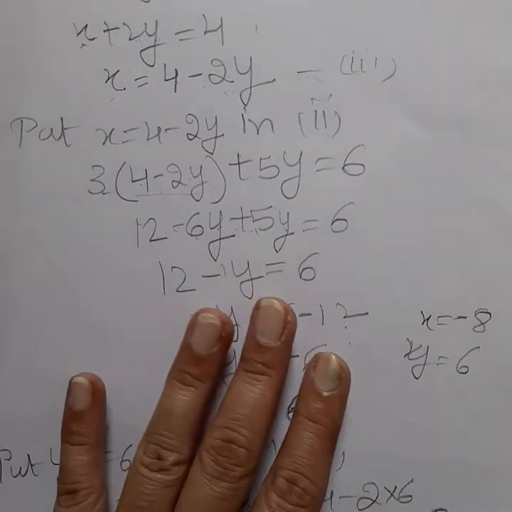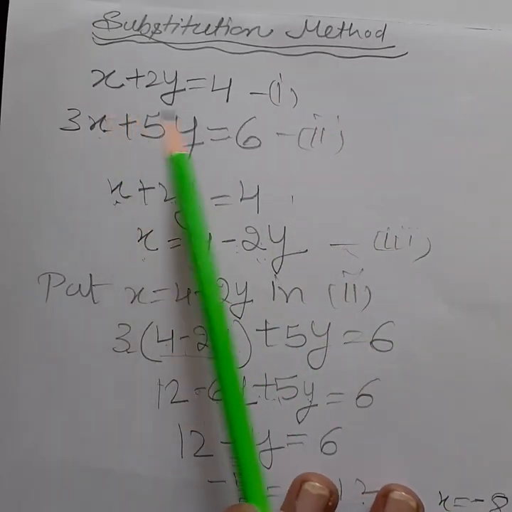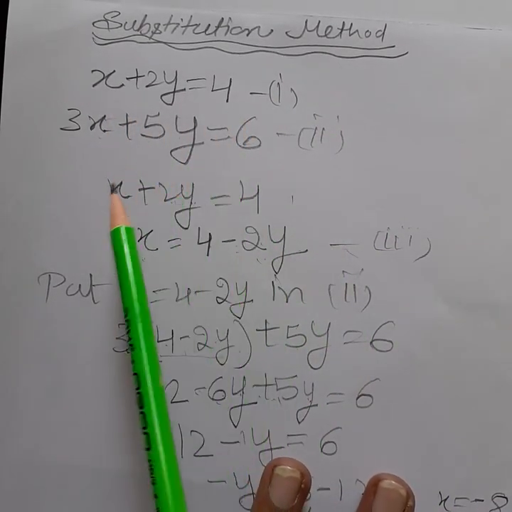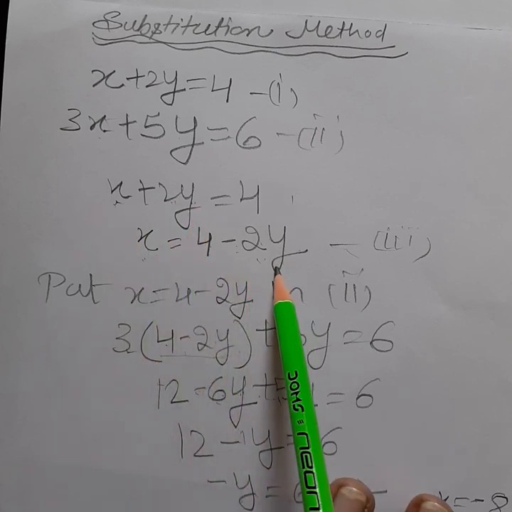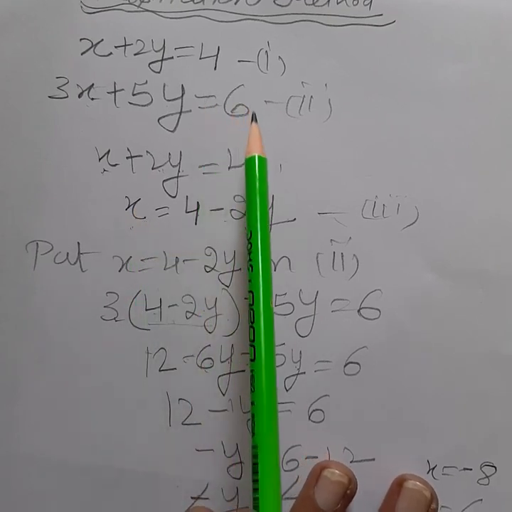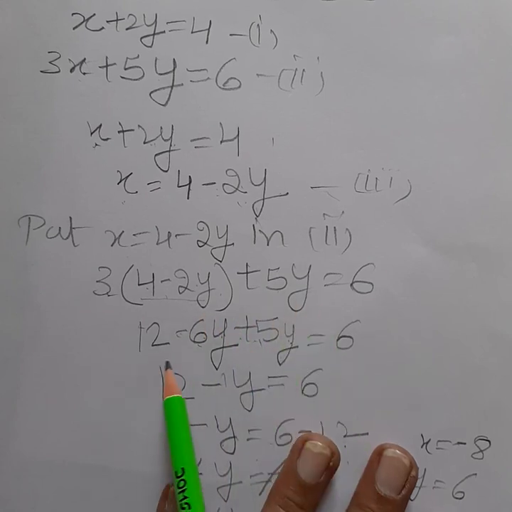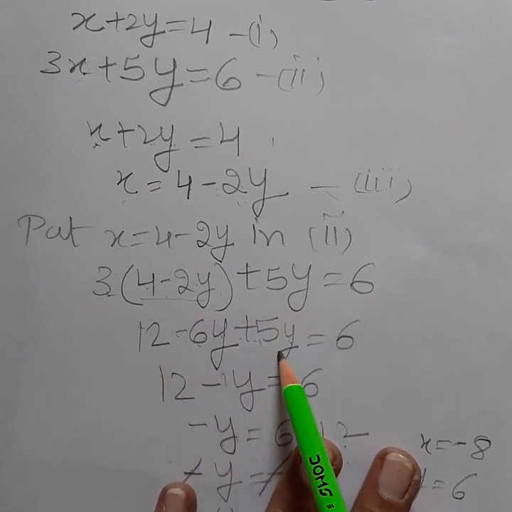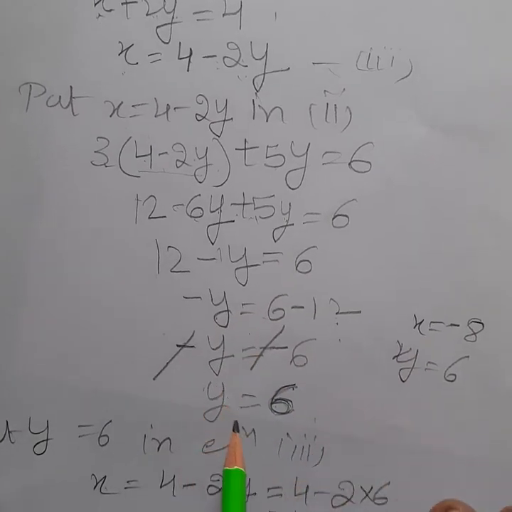Let me describe the substitution method again. If you have two equations, students, you can find the value of x or the value of y. Now you put this value in the second equation, and you have to make the whole equation in a single variable, maybe x or y, and after that, by solving it algebraically, you can find the value of y.